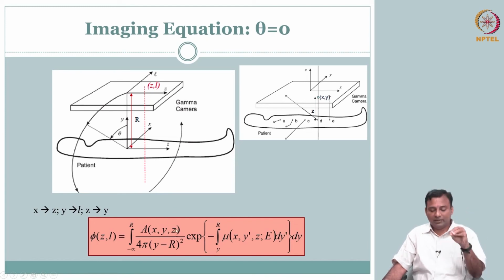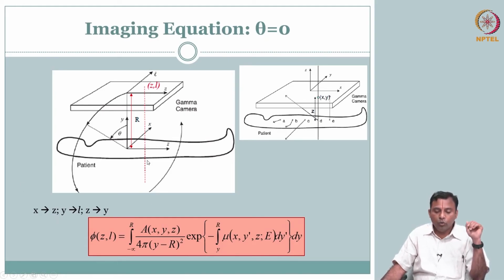It is 3-dimensional, and we leave it so. It is only the detector that we have changed with respect to this coordinate. And then you have your attenuation term, because the radioactivity is coming from within the body, crossing through the body to the detector, so there could be some attenuation. So this is our equation, just doing this substitution.